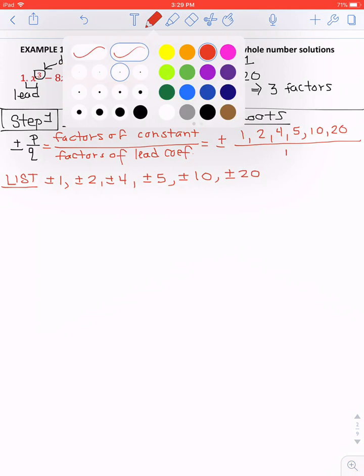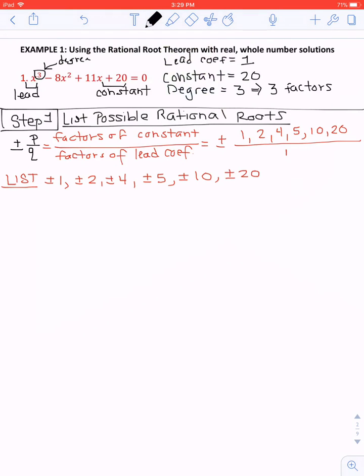Okay, so step 1, done. We made our list. So, if there are any doubles, we could reduce those out. If there are no doubles, then our list is what it is. We'll see doubles a little later on.